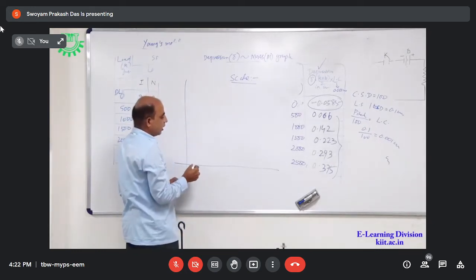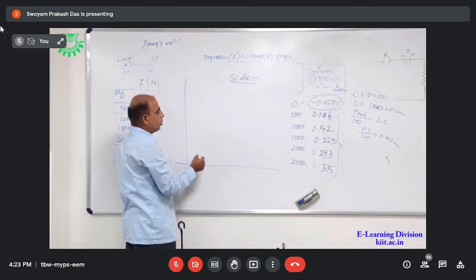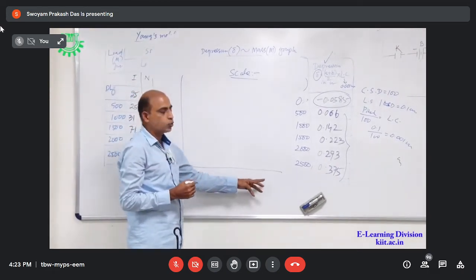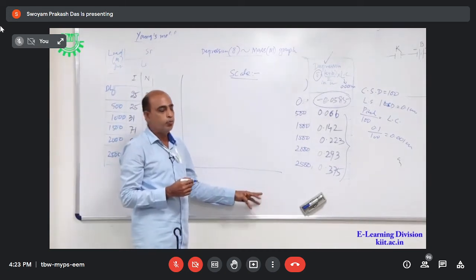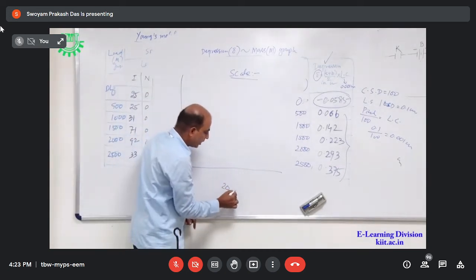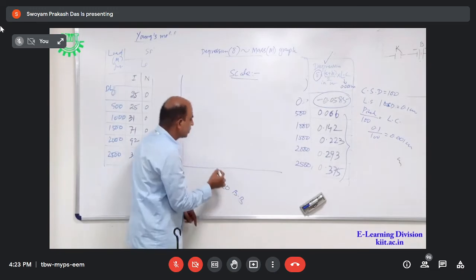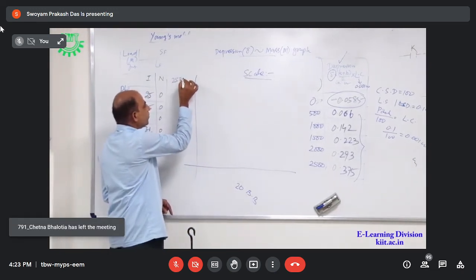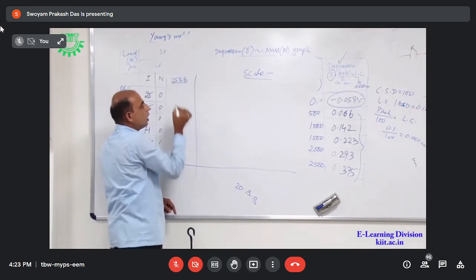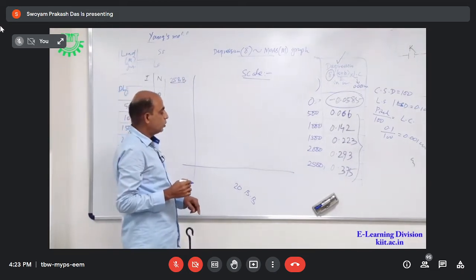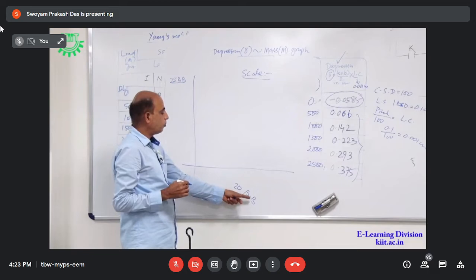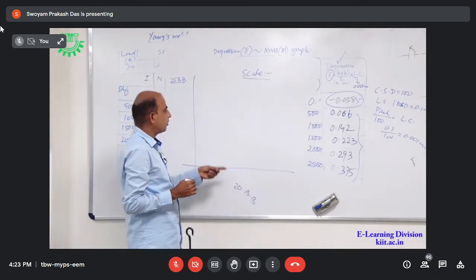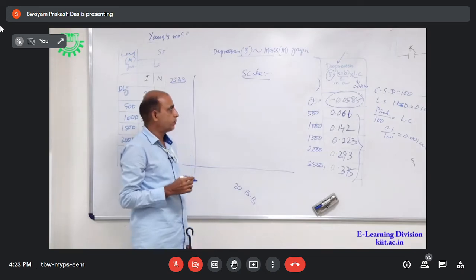Then, after we count the number of blocks, we know in a graph paper, generally there are 20 big blocks along the x-axis, and similarly along the y-axis, there are more than 25 big blocks. So we have to utilize these maximum number of boxes available along the axis.